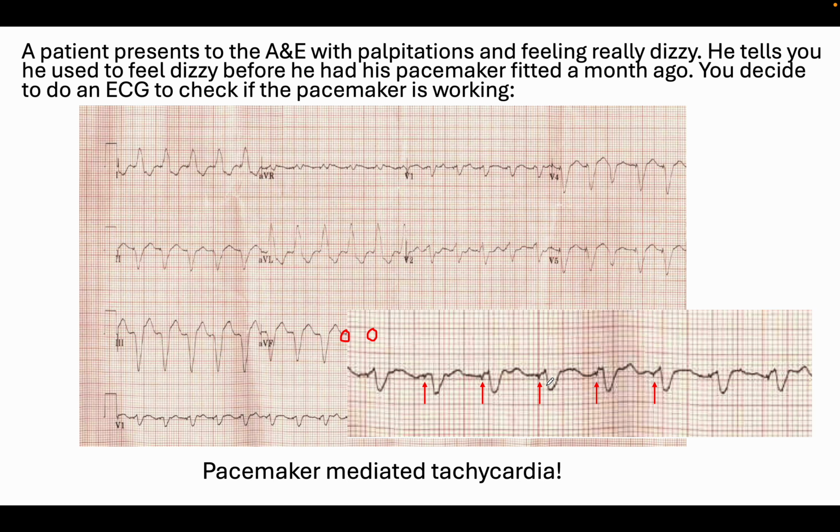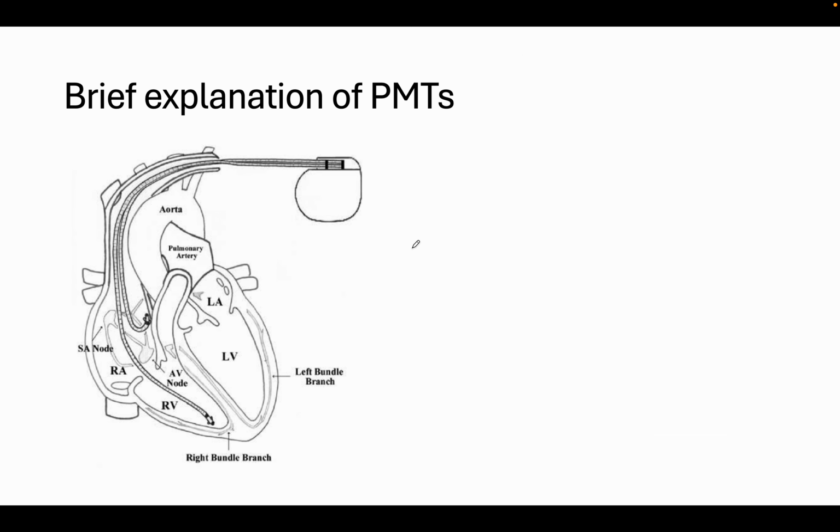So what is a pacemaker mediated tachycardia? A pacemaker mediated tachycardia is a specific phenomenon you only see in patients with pacemakers who have really good intact retrograde conduction up their atrioventricular node. Anterograde conduction is conduction that goes from top to bottom.